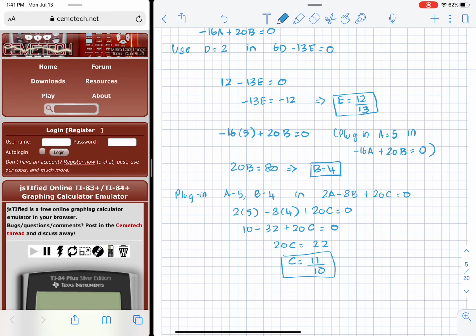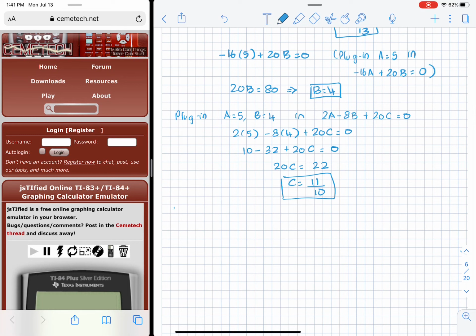So we found all the constants, so the particular solution, the form that we started with was ax squared plus bx plus c, and we had dx plus e times e^x.